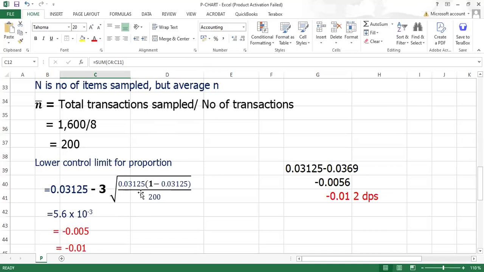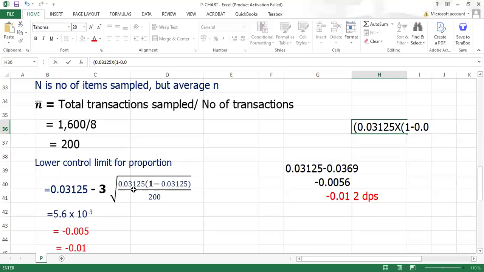Open bracket, then write 0.03125 times open bracket 1 minus 0.03125, then close bracket.